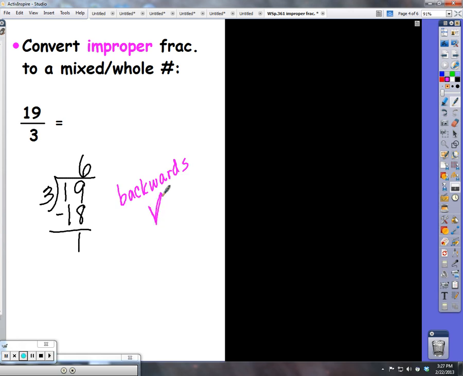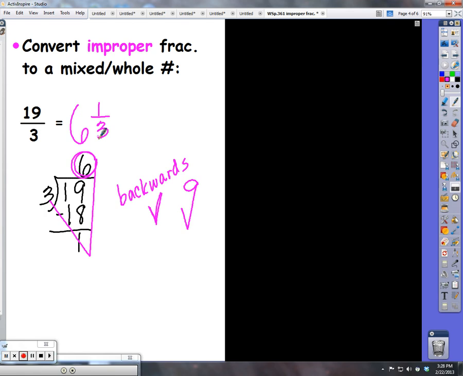You go down, then up. Well, on a backwards check mark to read this, we're going to start at the top, go down, and then up. So our answer, the mixed number answer, is found here. 6 and 1/3. So the mixed number for 19/3 is 6 and 1/3.